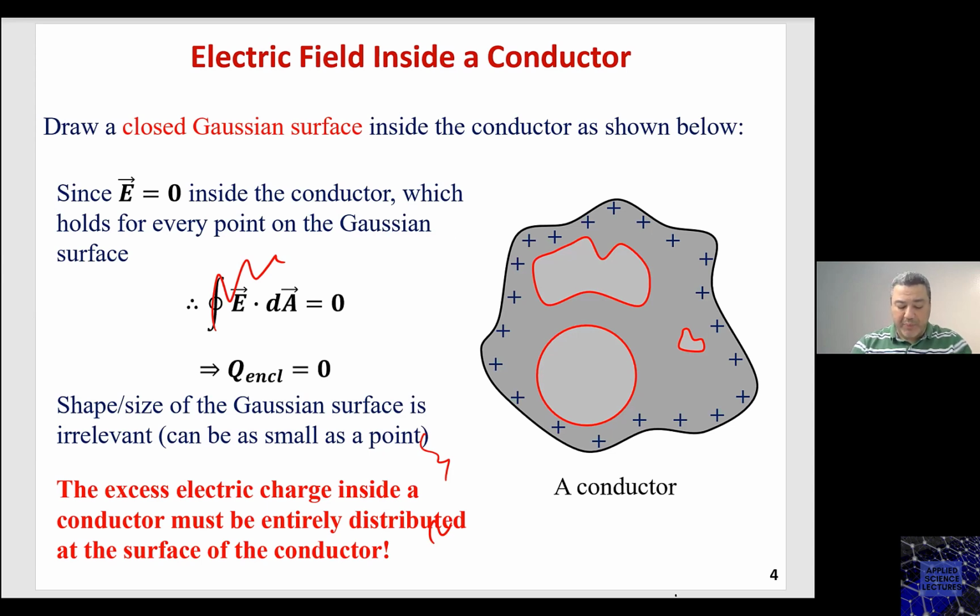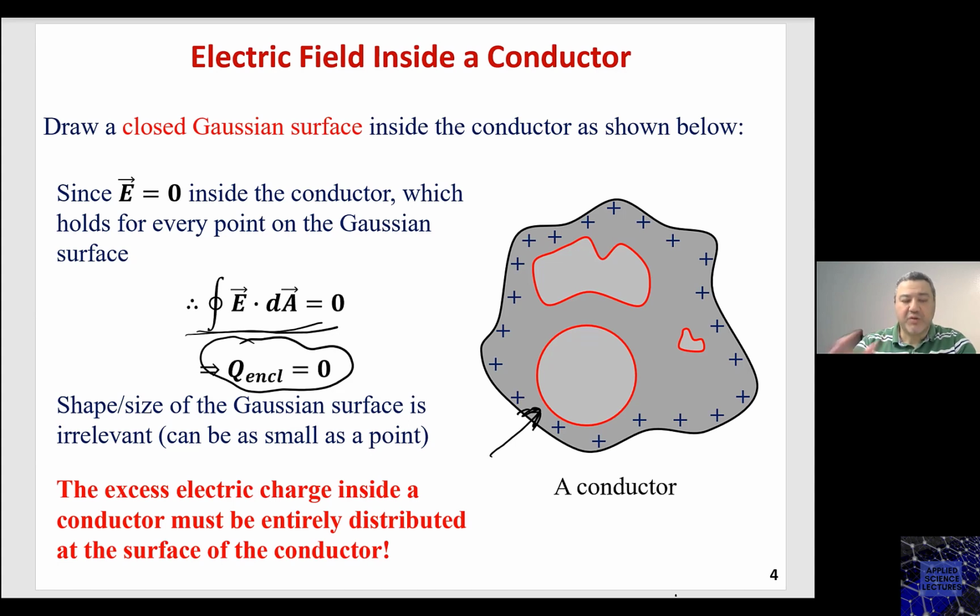If we try to apply Gauss's law inside this conductor, where we have closed surfaces where we can apply Gauss's law, we know that Gauss's law states that any closed surface, if there is no enclosed charges in those surfaces, then the electric field would be zero.